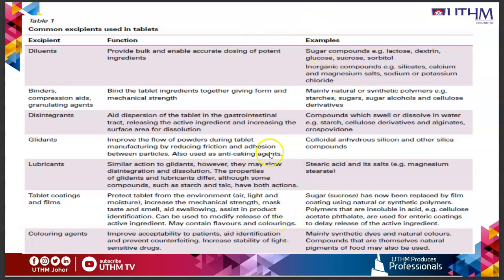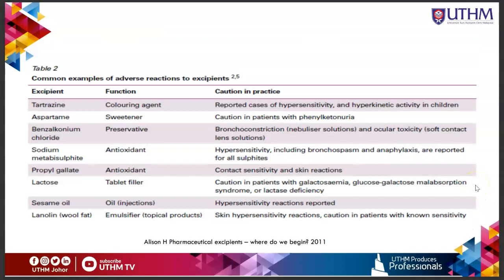For example, we can use sugar or sucrose, but it has now been replaced by film coating with natural or synthetic polymers. Polymers that are insoluble in acid, for example cellulose acetate phthalate, are used for enteric coatings to delay release of the active ingredient. So there are many others. Common examples of adverse reactions to excipients.